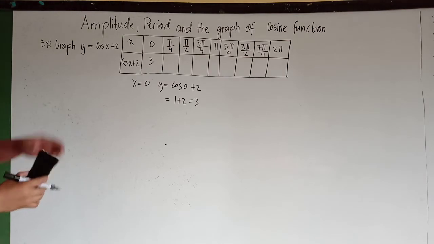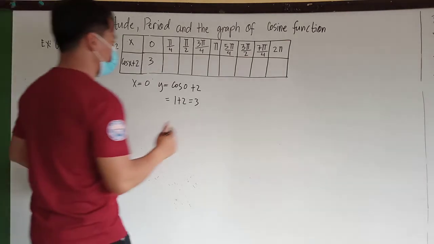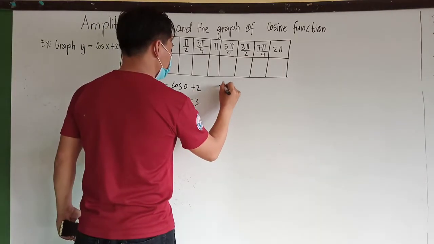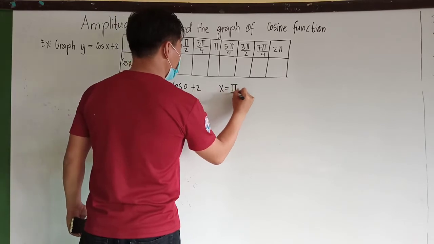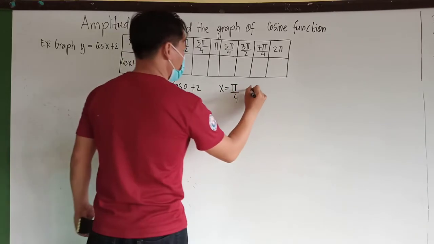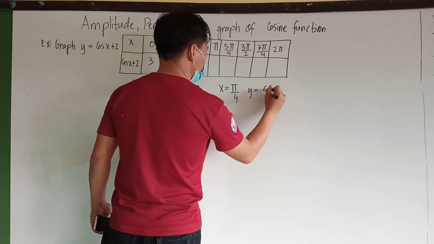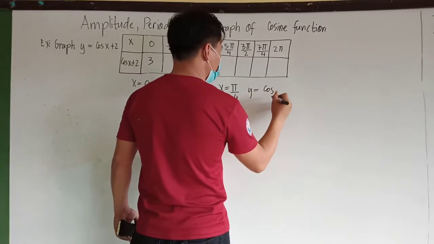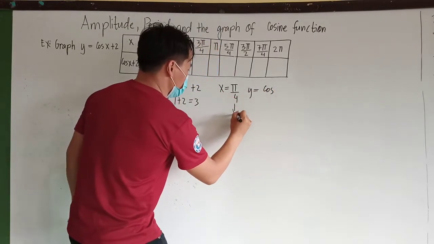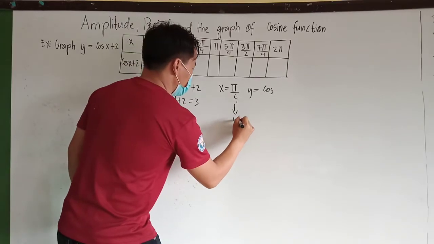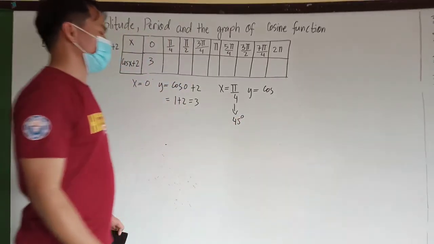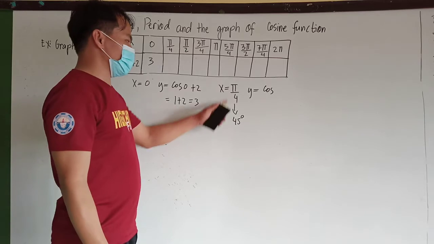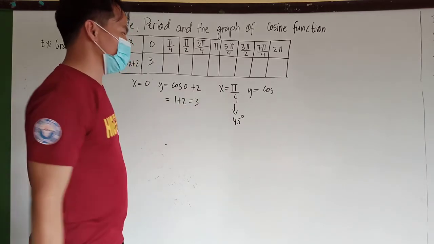Next, when x is equal to pi over 4, we have y = cos of pi over 4. This pi over 4 is equivalent to 45 degrees.